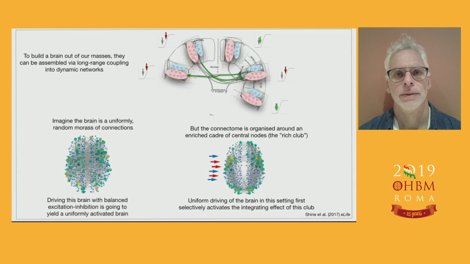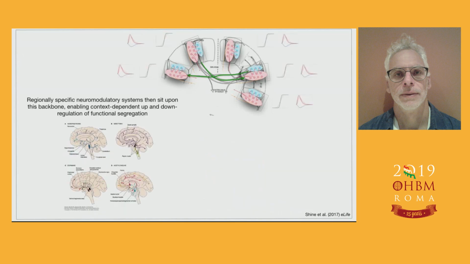And if you want to see some more nuanced effect on top of that, then you need to activate these other noradrenergic and acetylcholinergic systems and start modifying either the postsynaptic filters or the gain functions. And that's how you can then get, in this computational framework, functional segregation.